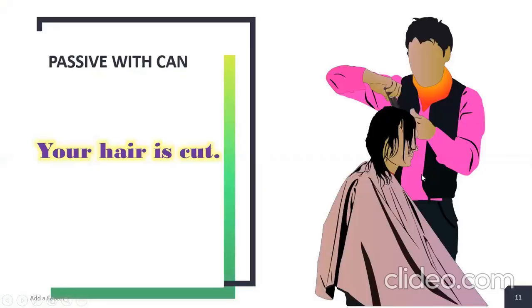So for example, in this sentence, your hair is cut. The listener of this sentence does not know who cut your hair, right? But that is okay because it's not very important to that statement, okay?